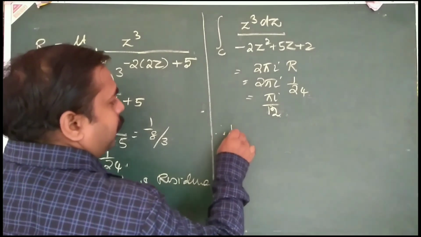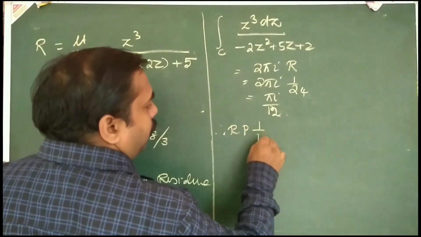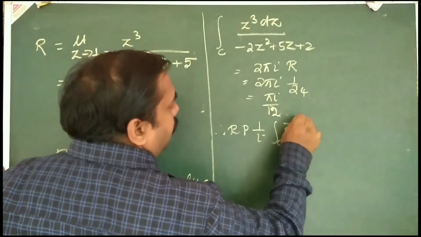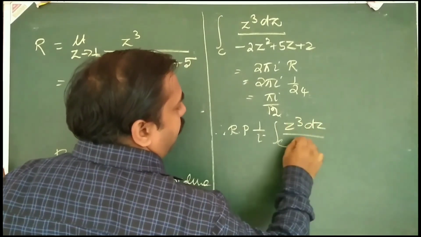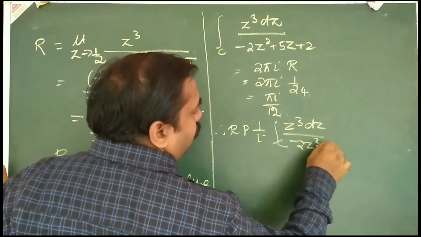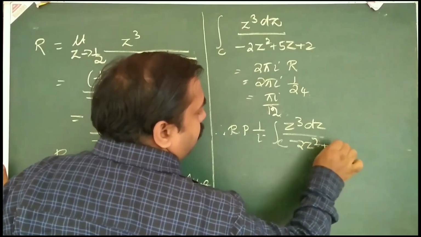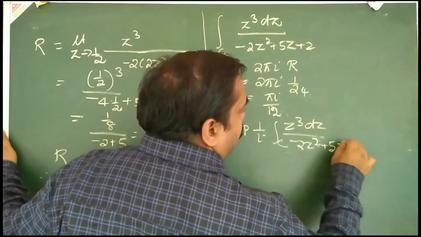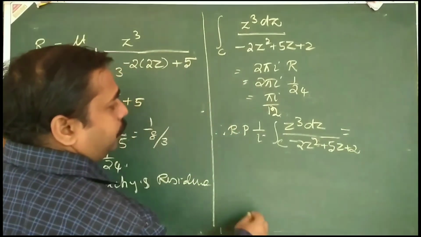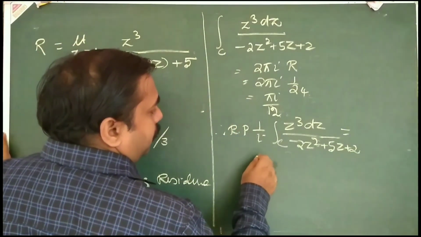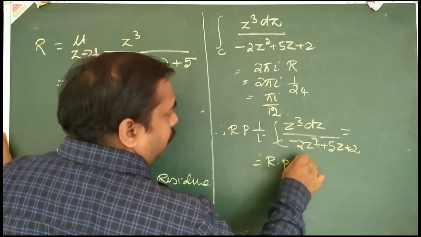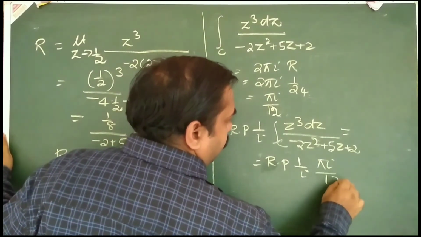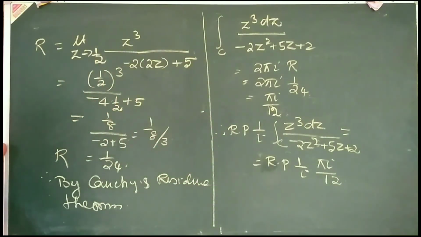Therefore, the real part of 1 by i into the integral over C of z cube dz by minus 2z square plus 5z minus 2 equals the real part of 1 by i into pi i by 12.